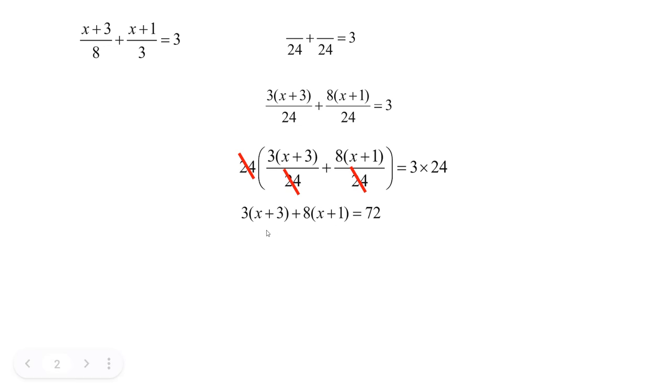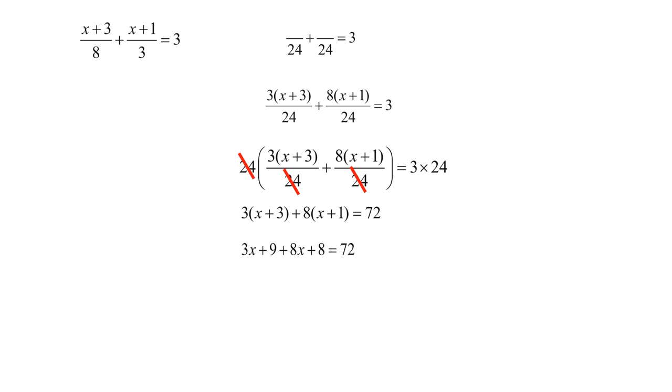Now, what's left is to expand the left-hand side. 3(x + 3) will equal 3x + 9, plus 8x + 8, equals 72.